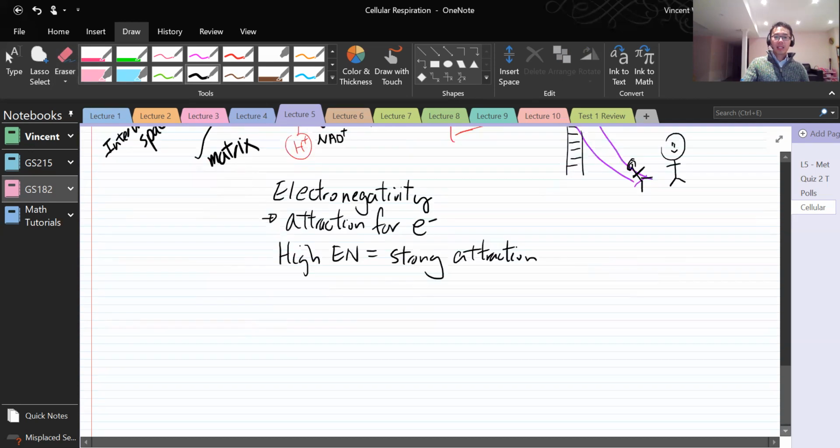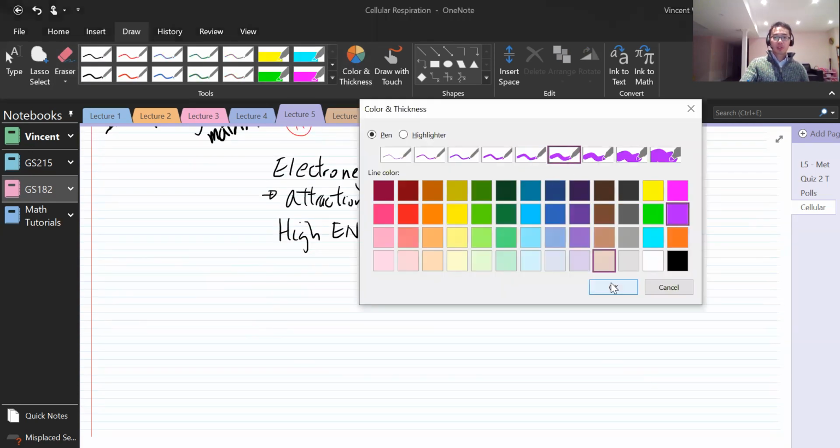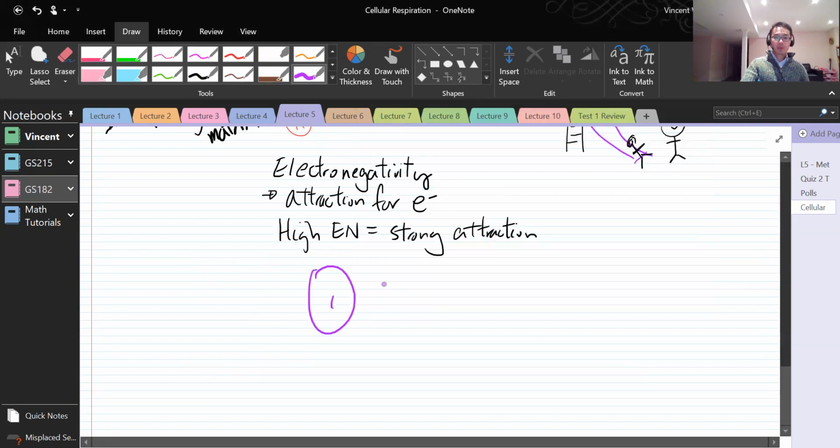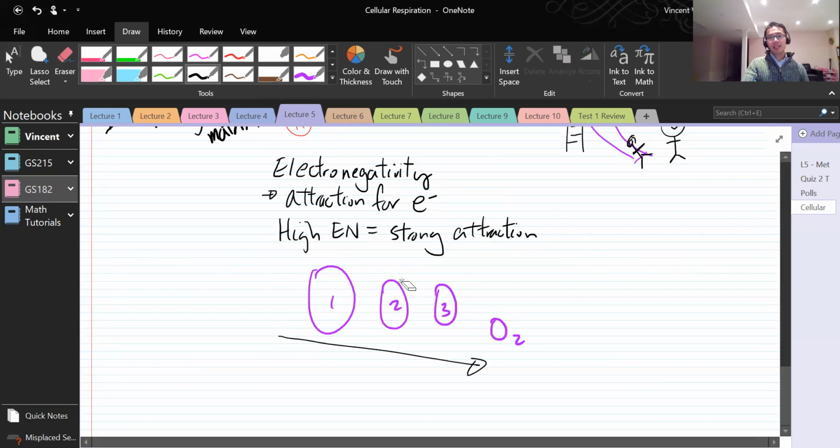So if you think about the electron transport chain, protein number 1, protein number 2, protein number 3, and then finally we have oxygen, right? As you go down the ETC, the next protein in the chain is always going to have a higher electronegativity. It must have a stronger attraction for electrons.